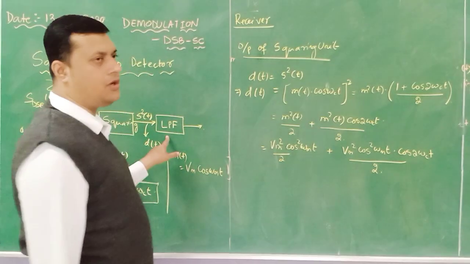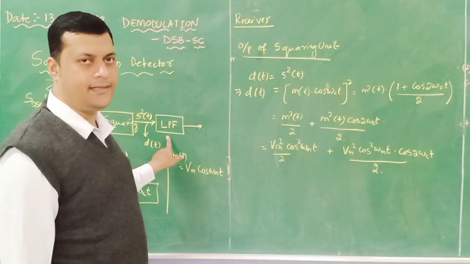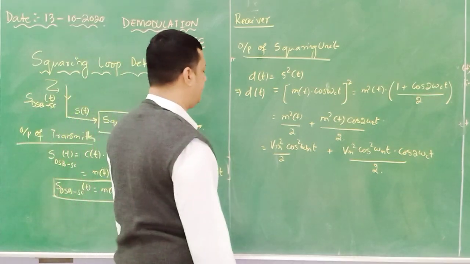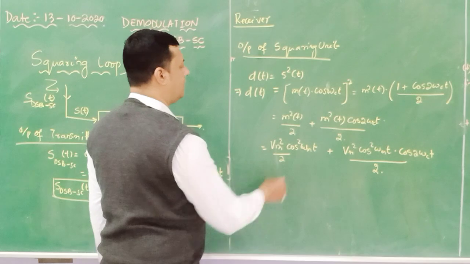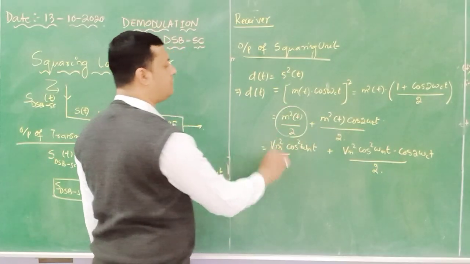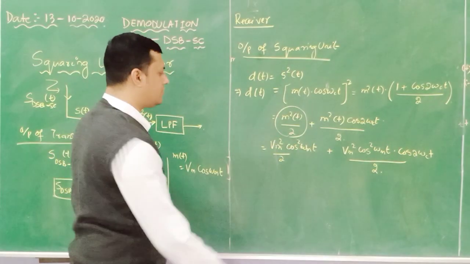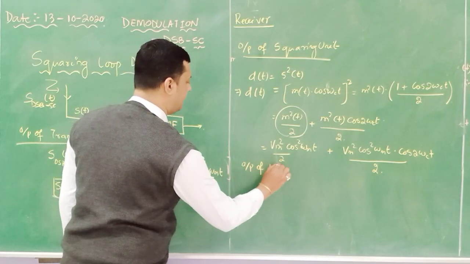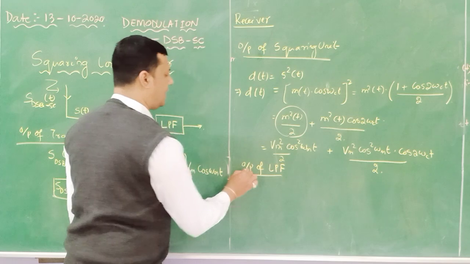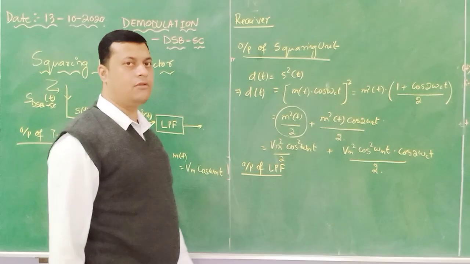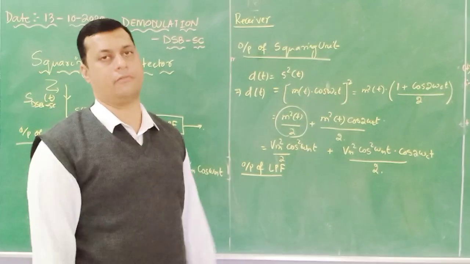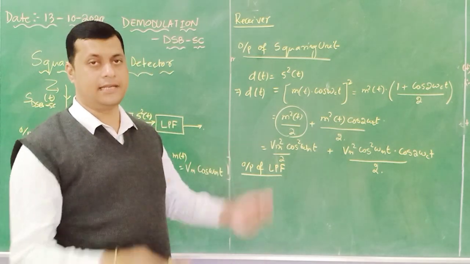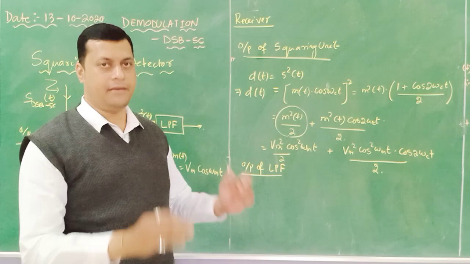So the output of the LPF needs to be centered at fm. If it needs to be centered at fm, the output is available only with respect to this m square of t by 2. So the output of the LPF is only centered at the modulating frequency. The modulating frequency component amplitude is increased, but the frequency remains as it is.